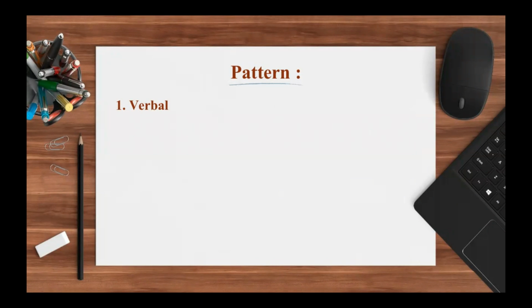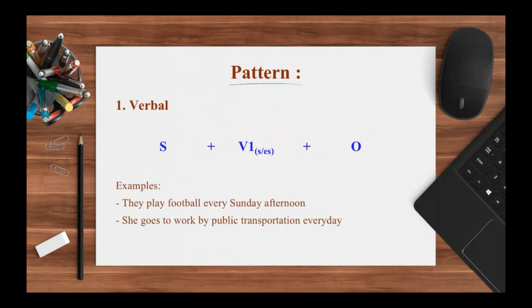Okay, now what is the pattern? Pattern of the simple present tense for verbal, you use the subject plus verb 1 plus object. For example, they play football every Sunday afternoon. She goes to work by public transportation every day.